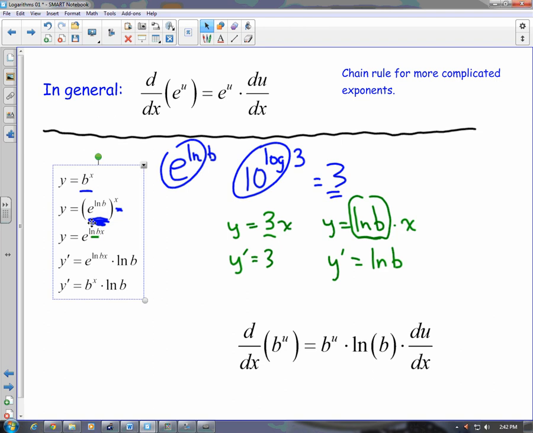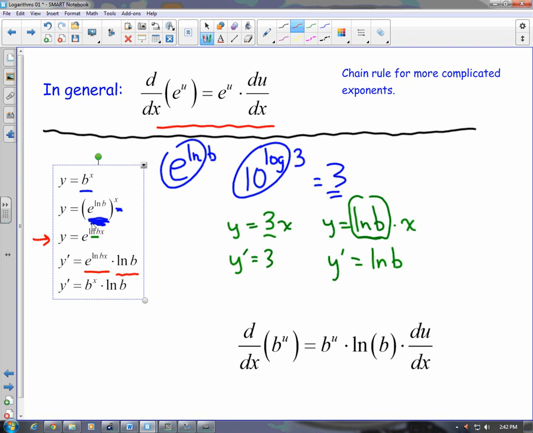So at this point, if y is equal to e to the power of something times x, using this rule, I get e to that something, multiplied by the derivative of that u. And the derivative is simply natural log of b.